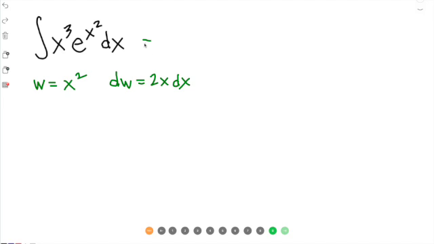So that means we need to plug in: this would become x squared, since we're going to take 2x dx. This would become e to the w. So that's e to the x squared, or w, times dw, which is 2x dx.